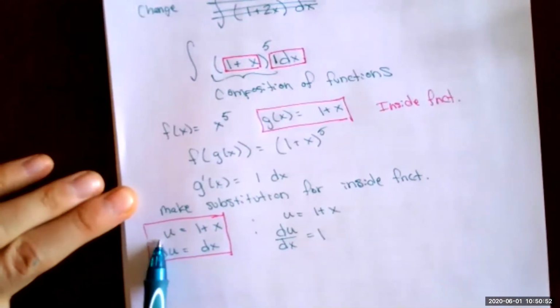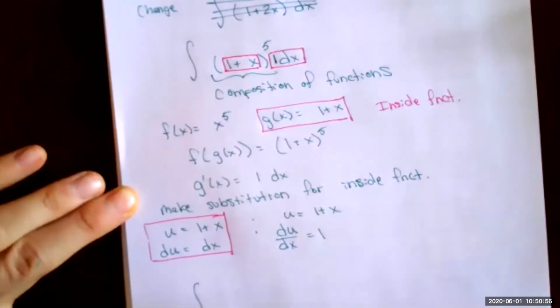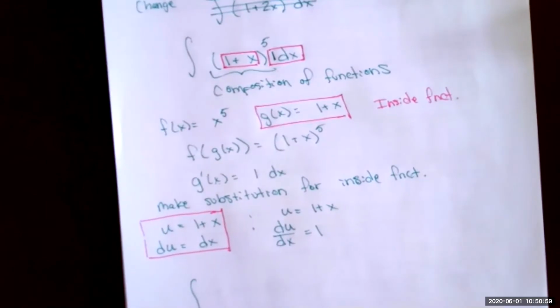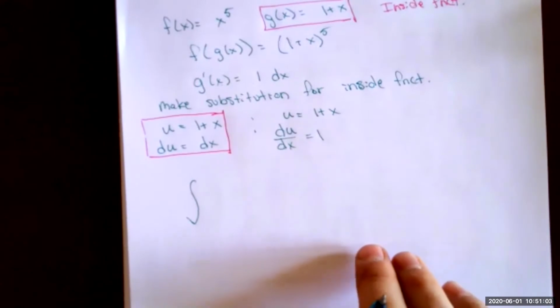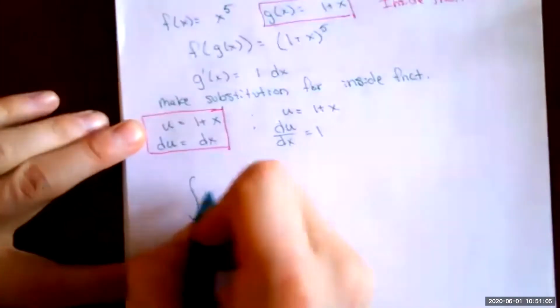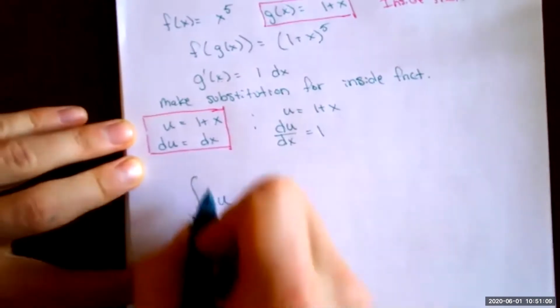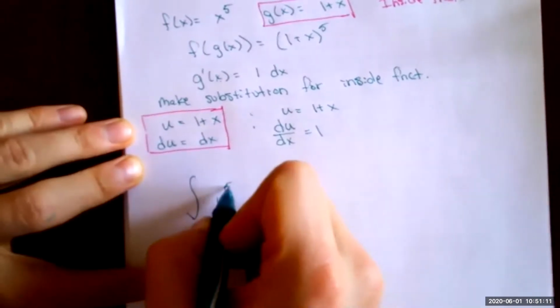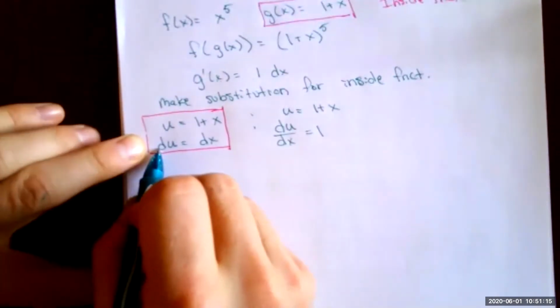So let's plug these things in. If u is 1 plus x, our integral now becomes, we had 1 plus x to the 5th. Well, that 1 plus x is just u, still raised to the 5th power. And now my dx is just du.